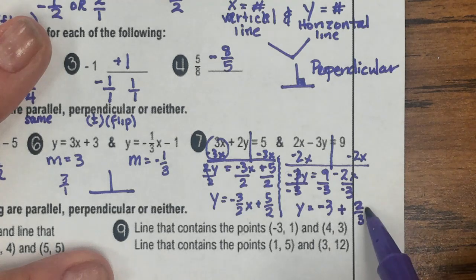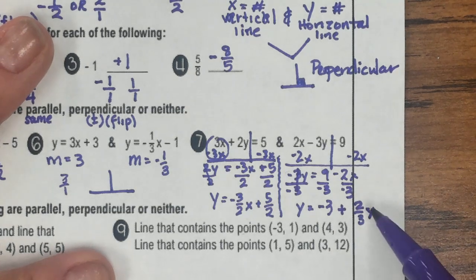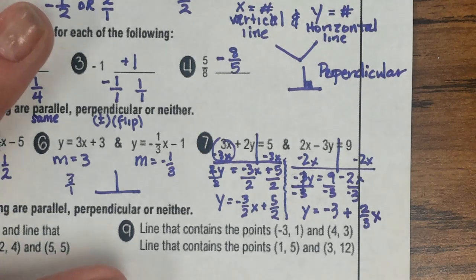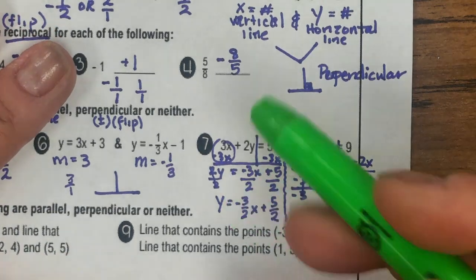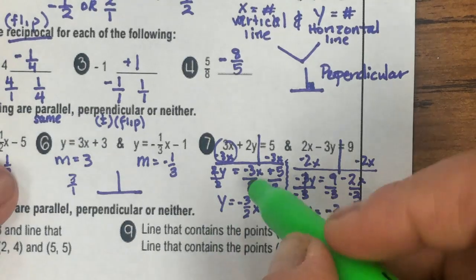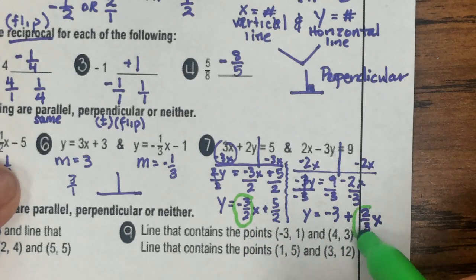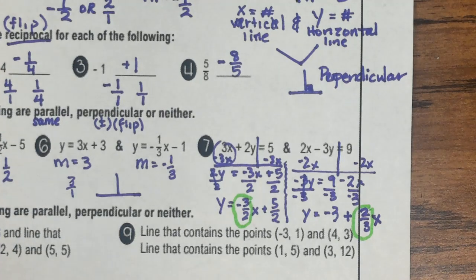2/3 x. Now remember, whatever's in front of x is your slope. So I'm going to highlight my slopes. Again, you look in front of your x. So are these the same? Nope.